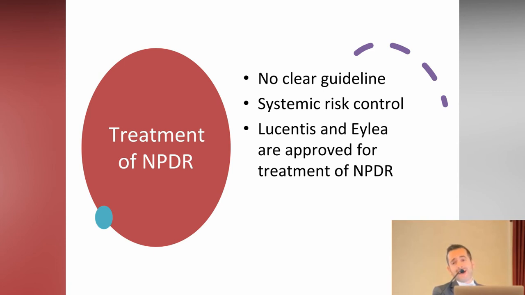And even though we have anti-VEGF agents, both Lucentis and Eylea are FDA approved for treatment of NPDR, not every single retina specialist is treating patients with that. Part of the reason is that some of these patients, yes, you can put them on treatment and you can see the diabetic retinopathy regress, but that doesn't necessarily translate into improvement of vision.